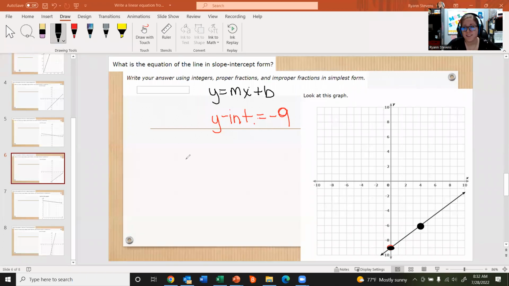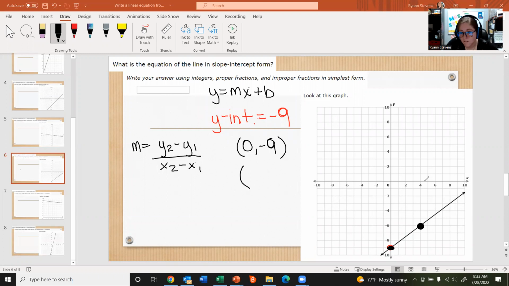I'm going to do it the other way this time. I'm going to do it with the formula that we have. So we know that m is y sub 2 minus y sub 1 over x sub 2 minus x sub 1. So my 2 points I have are 0, -9.